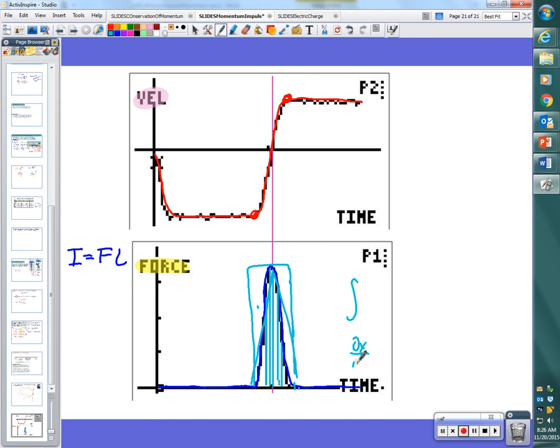Okay. So this is referred to as an integral function. What it does is basically this. It takes these small little rectangles and adds them up.